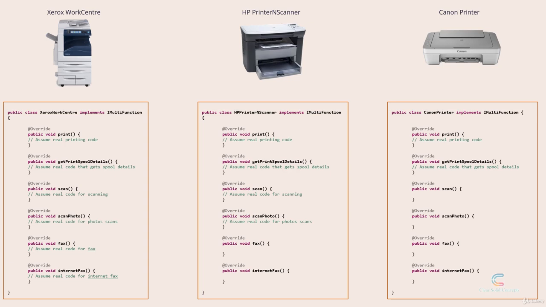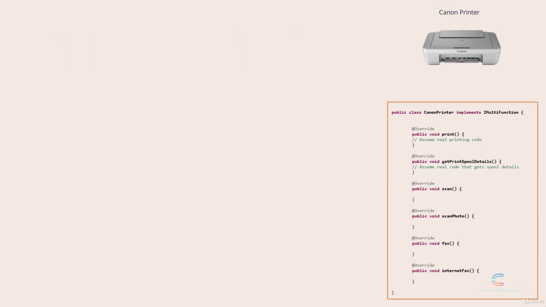What's the big deal? Assume you have an employee portal application in your office that needs to directly access these devices. So you have to provide these device classes packaged as a library to a group of programmers who are working on this employee portal.